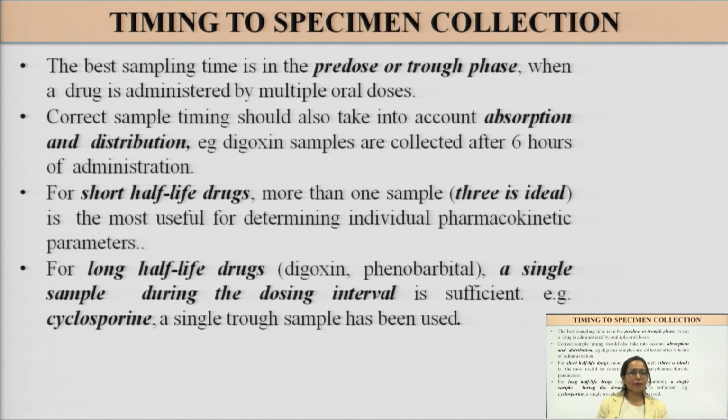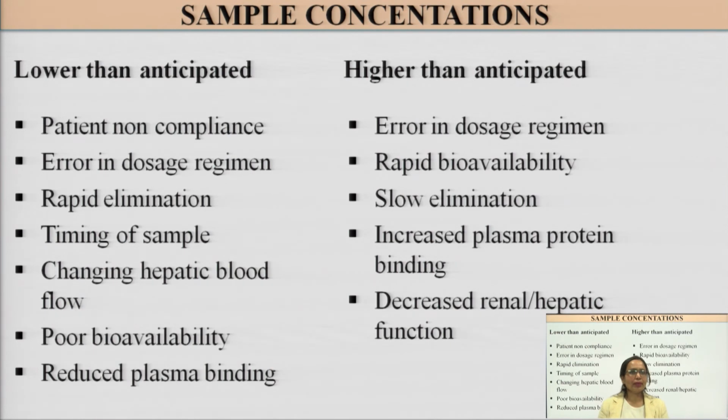For short half life drugs, more than one sample, three is ideal, is to be taken, most useful for determining the individual pharmacokinetic parameters. For long half life drugs, a single sample during the dosing interval is sufficient, like cyclosporin, where a single trough sample is enough.